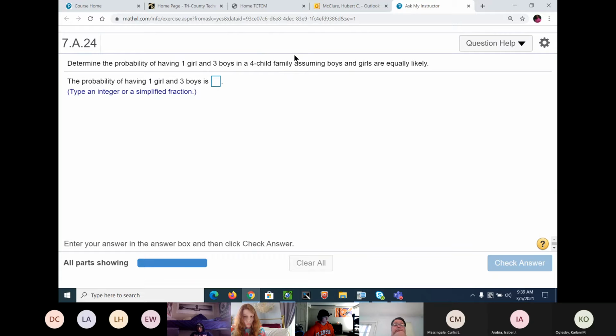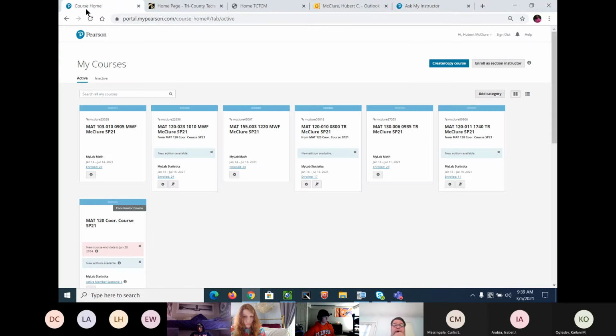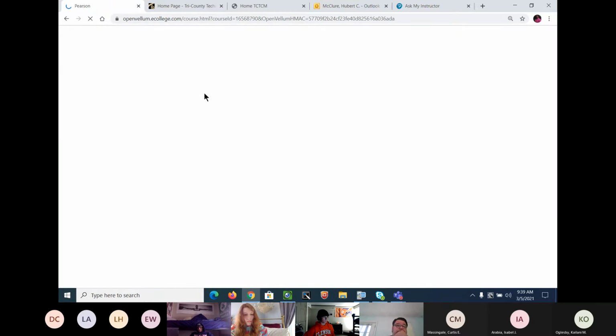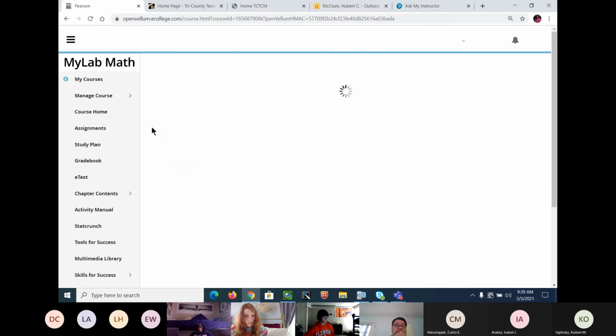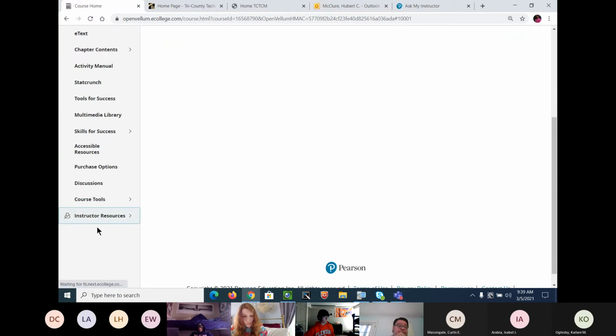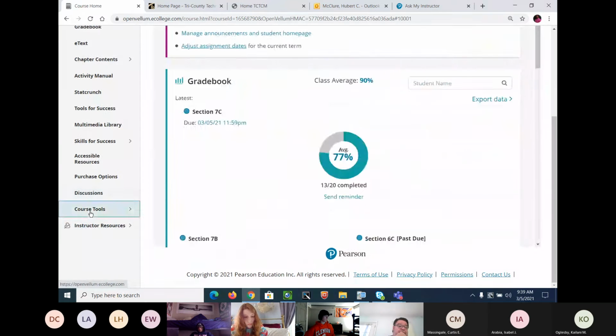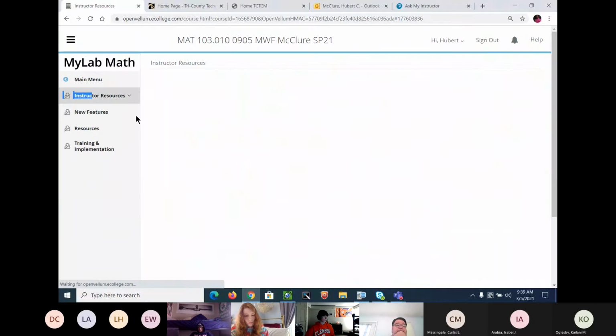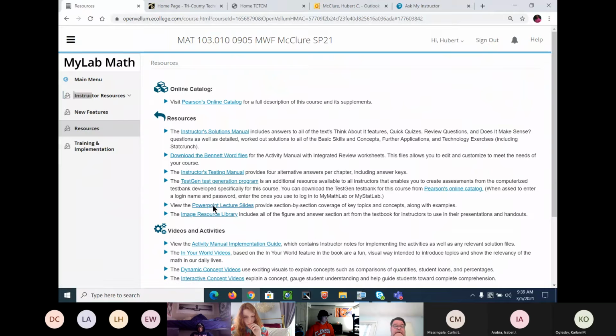Now, I'm going to go and pull up the 4-child. We went over that, and you were supposed to put it in an index card. I take it you didn't do that, so I'm going to find it for you. Let's see. I think it's under here. The only reason I'm pulling up the slide is because that's where they have the 4-child.